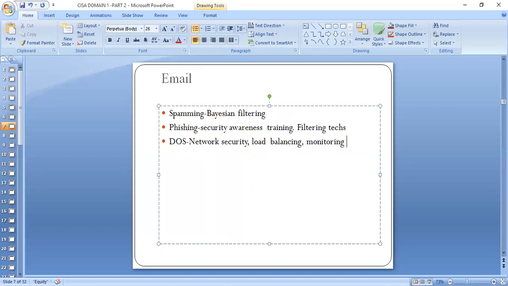So I want to see things like SIEM, security information and event management tools, in the organization to manage denial of service.